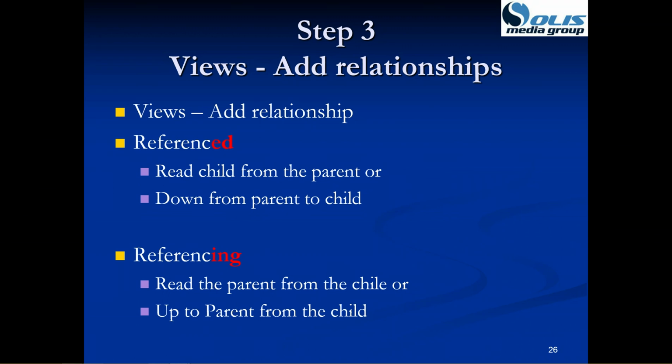The ING one is the child looking at the parent. So when you create your view, if you want to start at the child level and work your way up, you want to be using the ING. If you did your parent one and you're looking down, you want to look at the ED version of it.